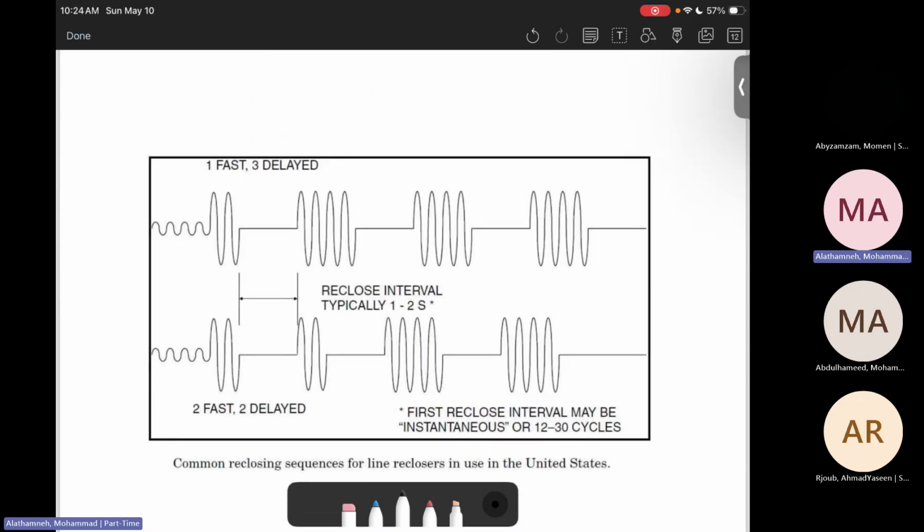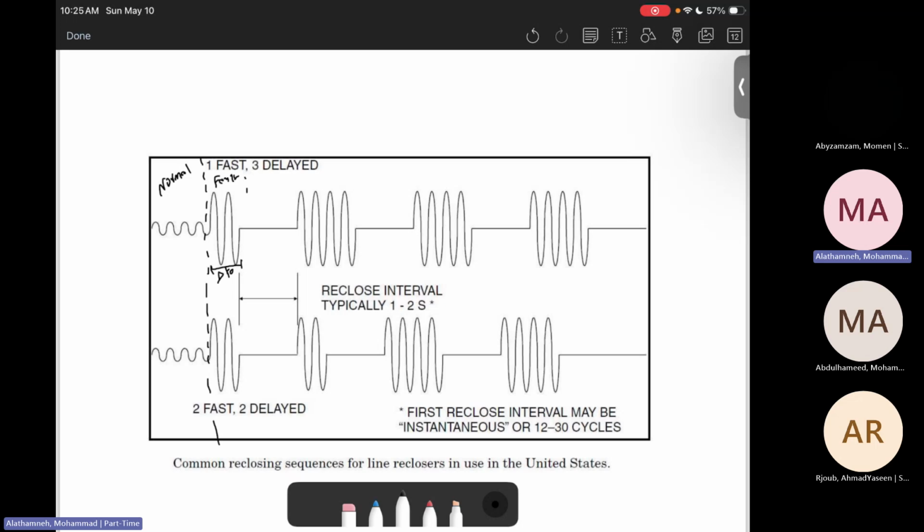So we will see the recloser sequence. For example, here is the normal operation. Here is a fault. When the fault happens, after a specific period of time, delta T0, the fault current continues.